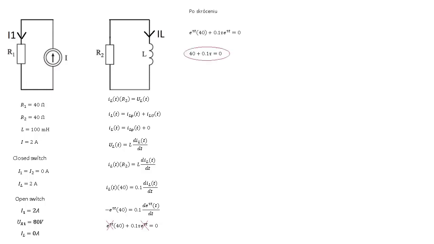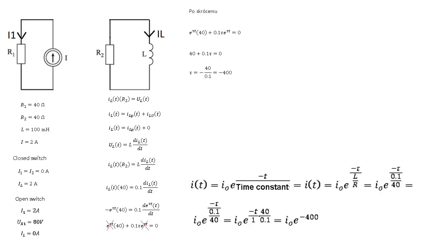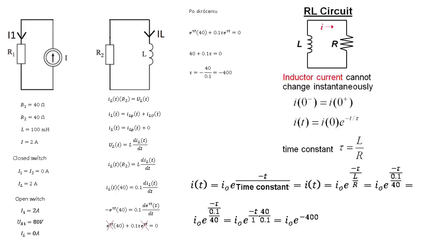We move tau to the other side and divide minus 40 by 0.1. After doing it, we get tau equal to minus 400. You should know that the time constant for an RL circuit is equal to inductance divided by resistance. In this case, 0.1 divided by 40 gives 2.5 milliseconds. The transient part of the equation can be written in the form of time divided by the time constant, in the power of e.